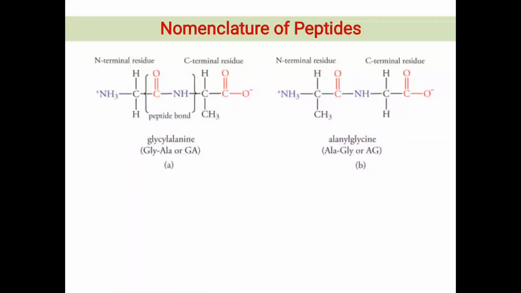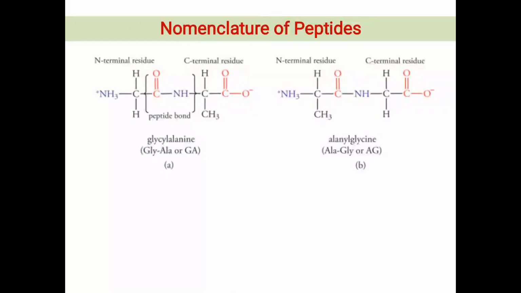Although these two dipeptides are made up of the same two amino acids, glycine and alanine, the sequence is different. In the first, glycine comes first and then alanine, and in the second dipeptide alanine is first and glycine is second. So these are not similar dipeptides. These are two different dipeptides.